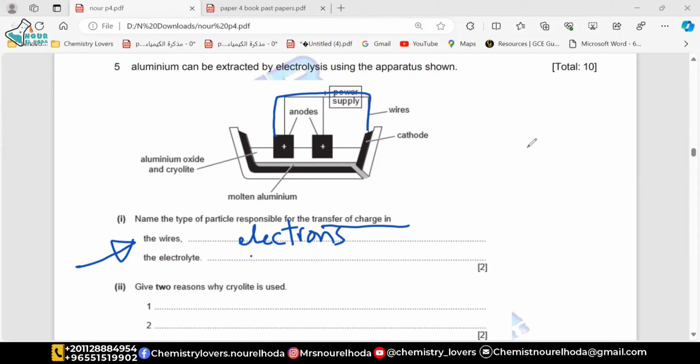You need to say that since it's a wire, like copper wires, the electricity passes in the wires because of the free moving electrons. Okay, good, correct.